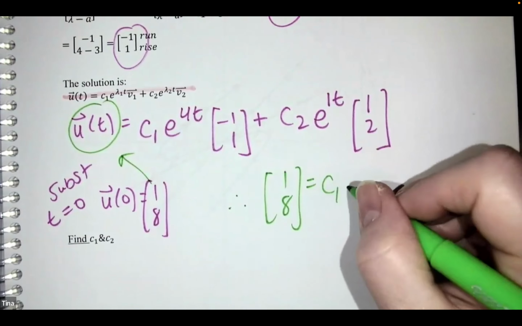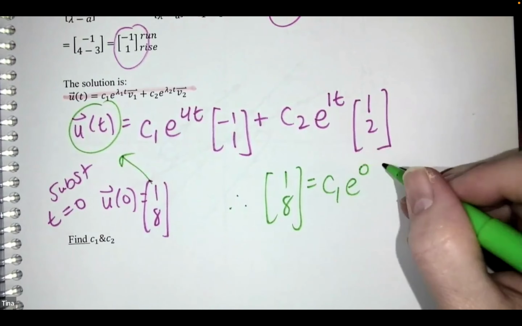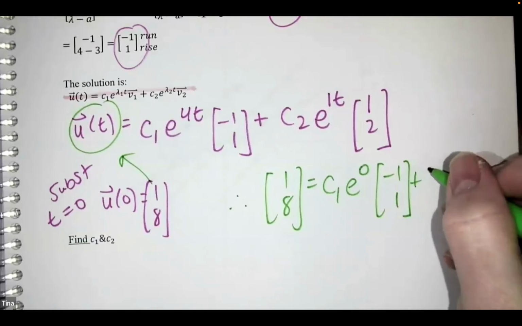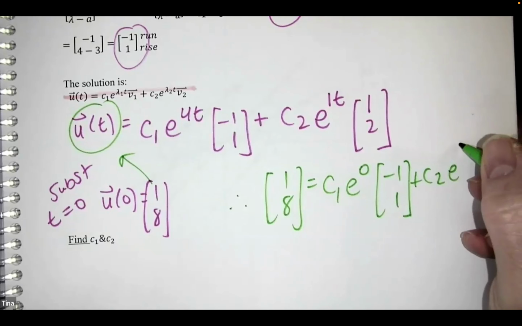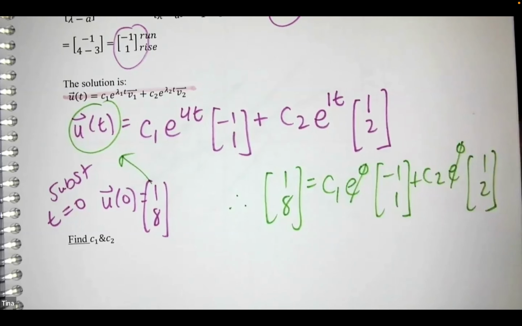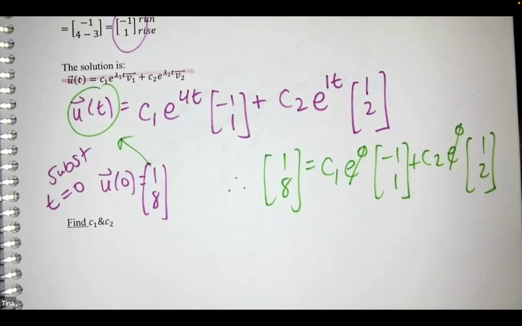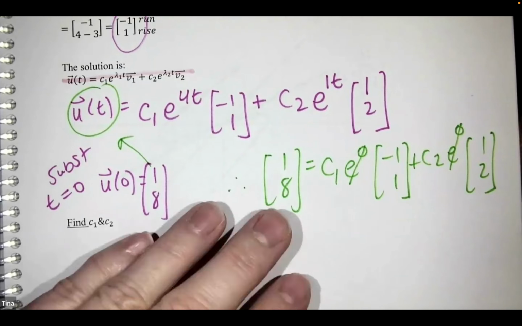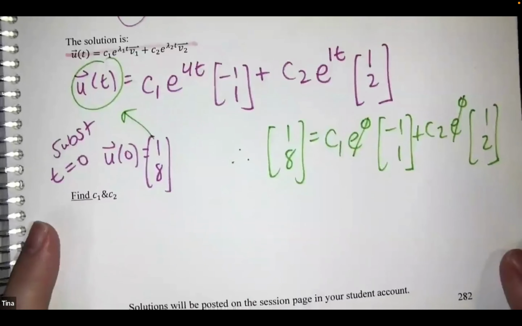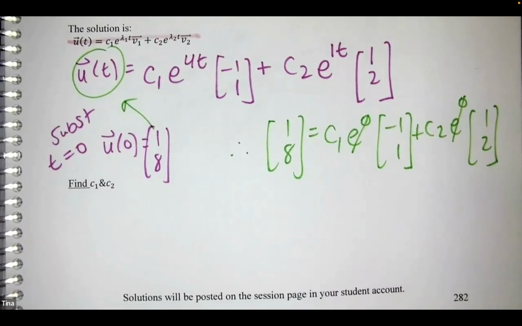So (1, 8) is C1 e to the 4 times 0, which is 0, times the vector (negative 1, 1), plus C2 e to the 1 times 0 times the other eigenvector. Anything to the 0 is what? I did leave you a little bit of room up there if you need it. Okay, so C1 and C2.